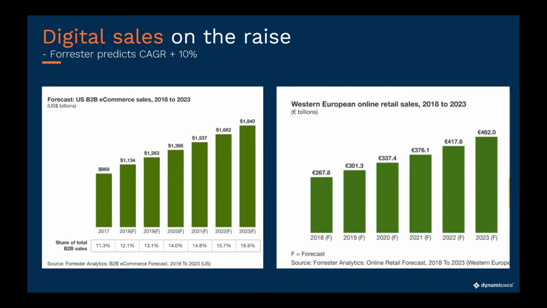The latest numbers I've seen from these analysts are that the COVID-19 situation has accelerated this further. The increase in e-commerce in both B2B and B2C is higher than the projections when these graphs or studies were made.